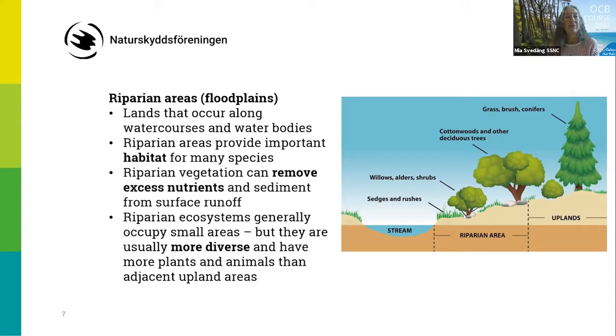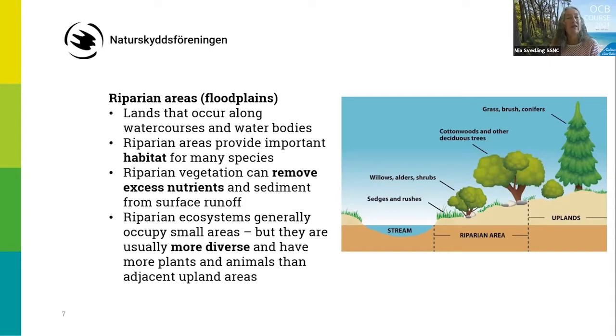And the riparian areas provide important habitat for many species. But also the vegetation in the riparian areas can remove excess nutrients and sediments from surface runoff. So they are very important for a healthy water quality.